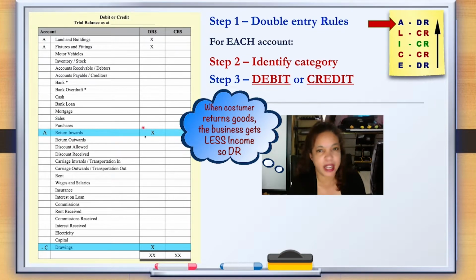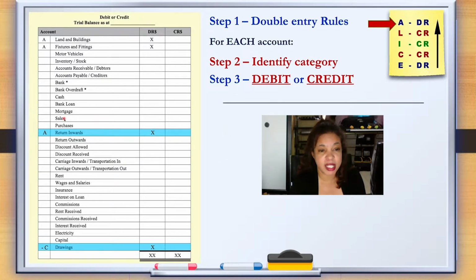So it will still end up on the debit side. Whichever is easiest for you, I sometimes just go simply, it's the opposite of sales. So if sales is a credit, this is a debit. The other easy one, it's an asset. They returned inventory. That means you got back some inventory. That's an increase, so that will be a debit.